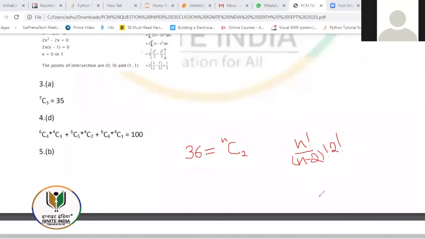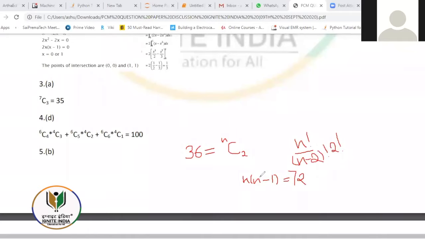Up and down you can cancel. n into n minus 1 will remain above. Taking the 2 to this side, it will be 72.